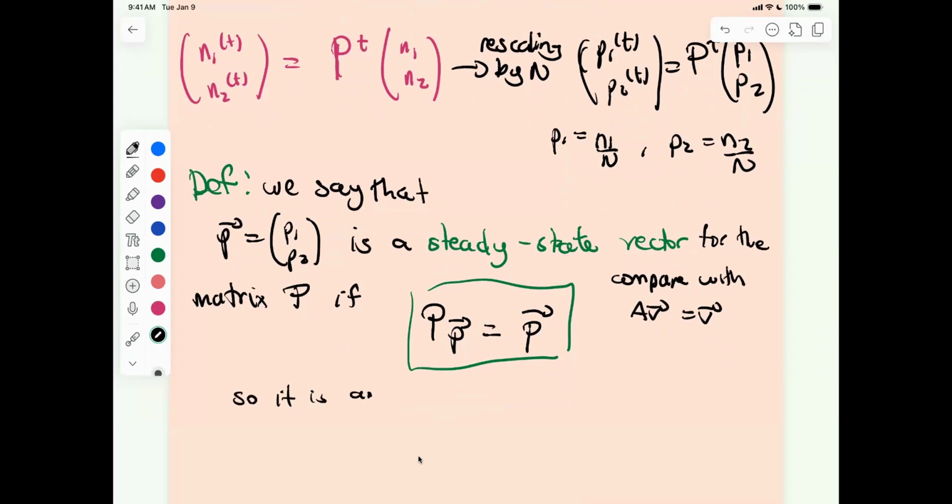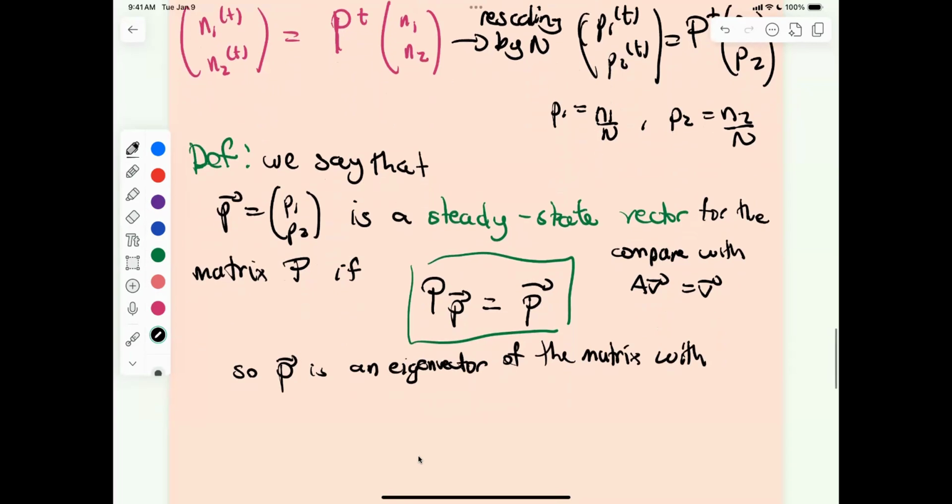So P is an eigenvector of the matrix P with eigenvalue 1.